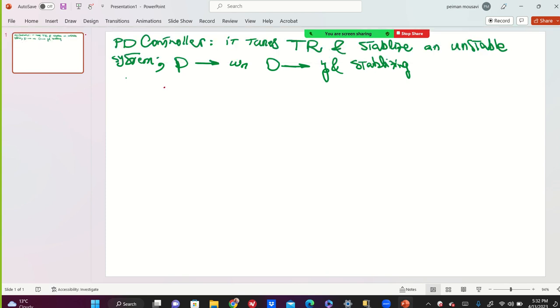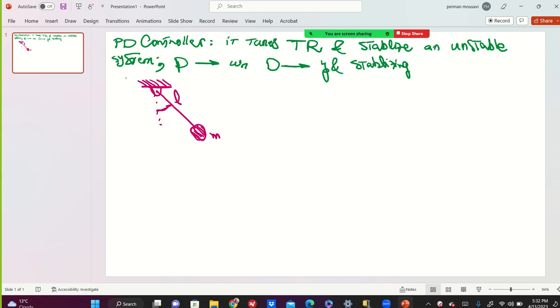So let's go today to MATLAB, and I design a real PD controller for the example that I started from the first class of the control class, that is the pendulum.